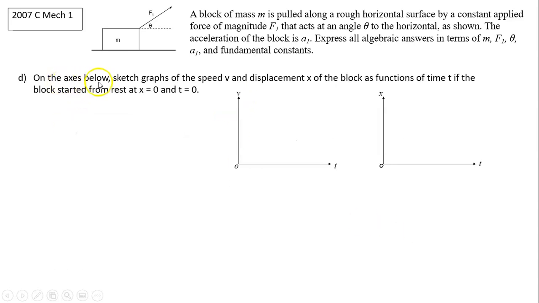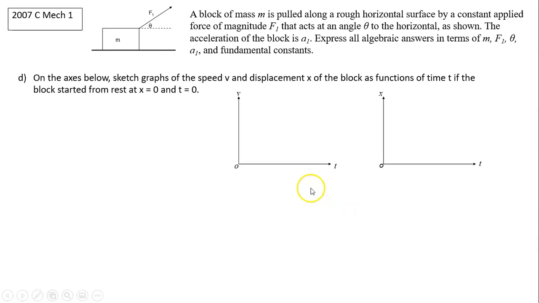Next question, on the axes below, sketch graphs of the speed v and the displacement x of the block as a function of time t if the block starts from rest at x equals 0 and t equals 0. So we know in this case, acceleration is constant because net force is constant. In the v versus t graph, the slope is acceleration.